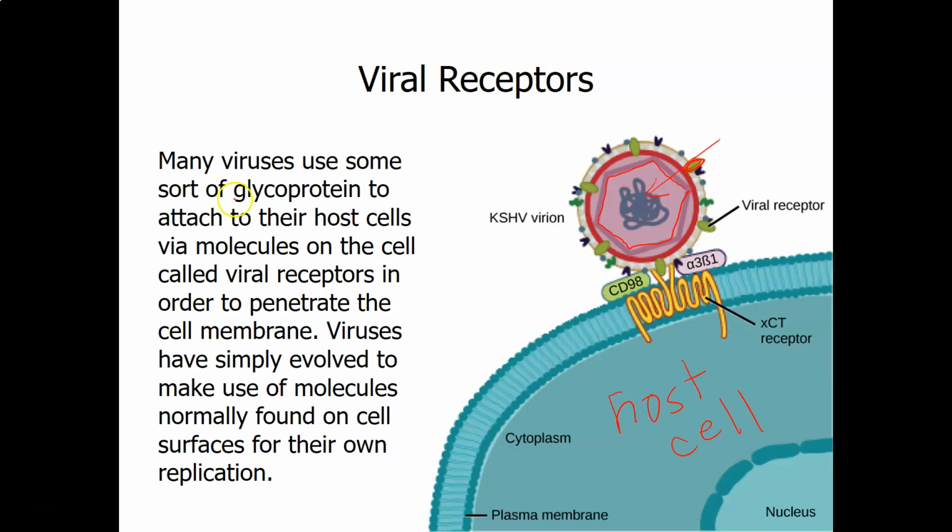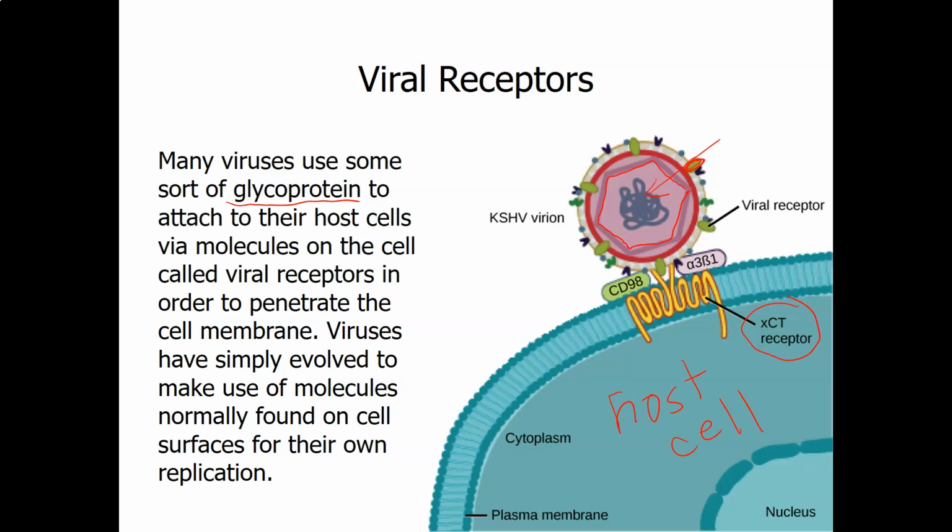So this particular virus, the KSHV virion, uses glycoproteins, and those glycoproteins attach to the viral receptor in the host cell. And the host cell viral receptor in this case is called the XCT receptor.